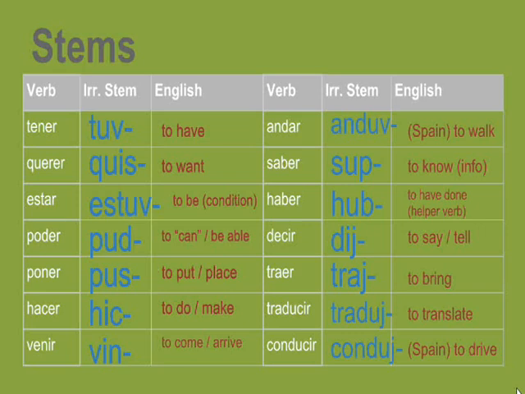Tener meaning to have. The verb querer, the irregular stem is quis. Estar, estuv. Poder, pud. Poner, pus. Hacer, hic. Now notice that hacer ends in a C, which sometimes can have a hard k sound, but in most of the conjugations, then the sound is a soft S sound, hic.